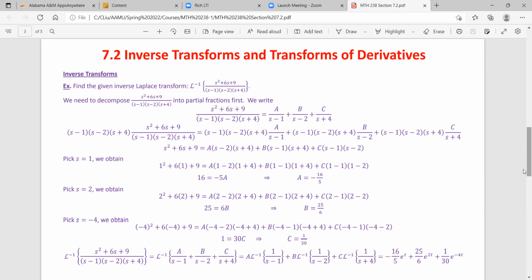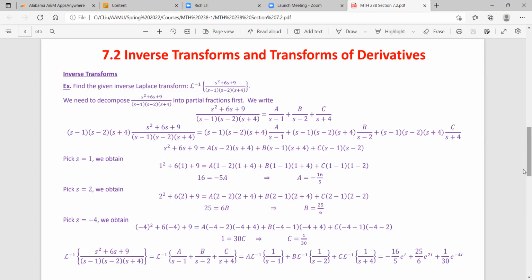So on the left-hand side, the denominator just goes away, and we just get s squared plus 6s plus 9. On the right side, we have 3 terms, and when you multiply the least common denominator on each term, you're going to cancel one of the factors individually. So for example, in the first term, s minus 1 will be canceled.